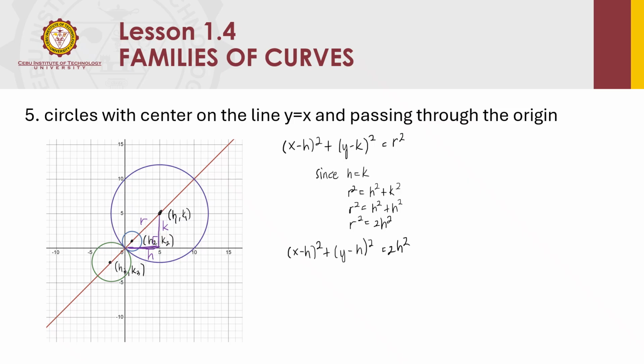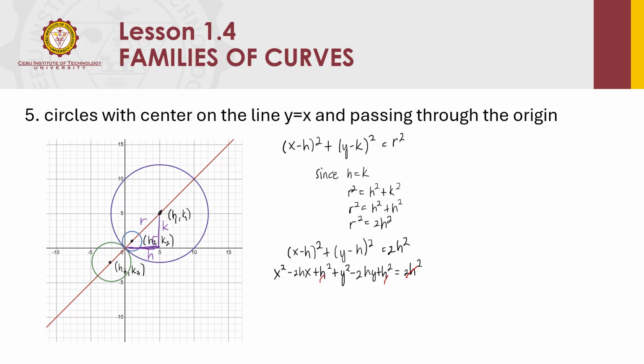We can expand the binomials. So it's x squared minus 2hx plus h squared plus y squared minus 2hy plus h squared equals 2h squared. Combining like terms, h squared plus h squared is 2h squared, which cancels out with the 2h squared on the other side of the equation.